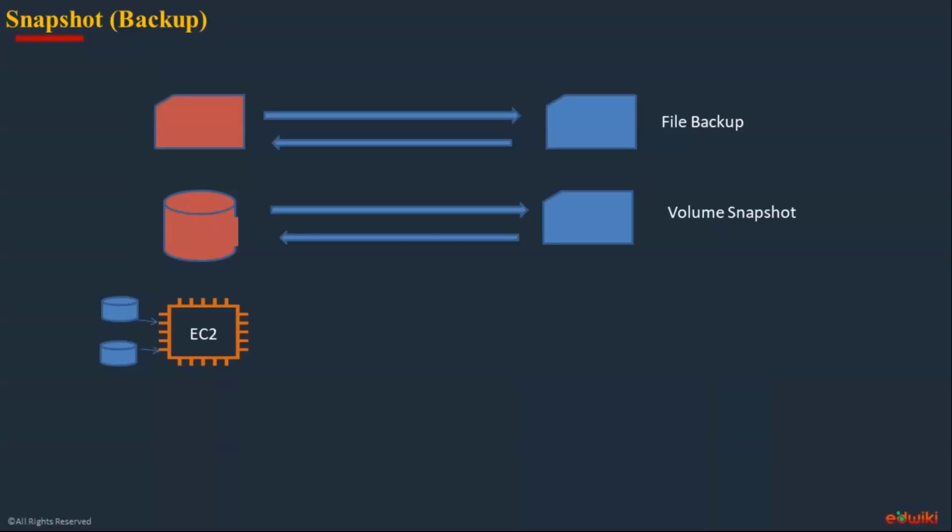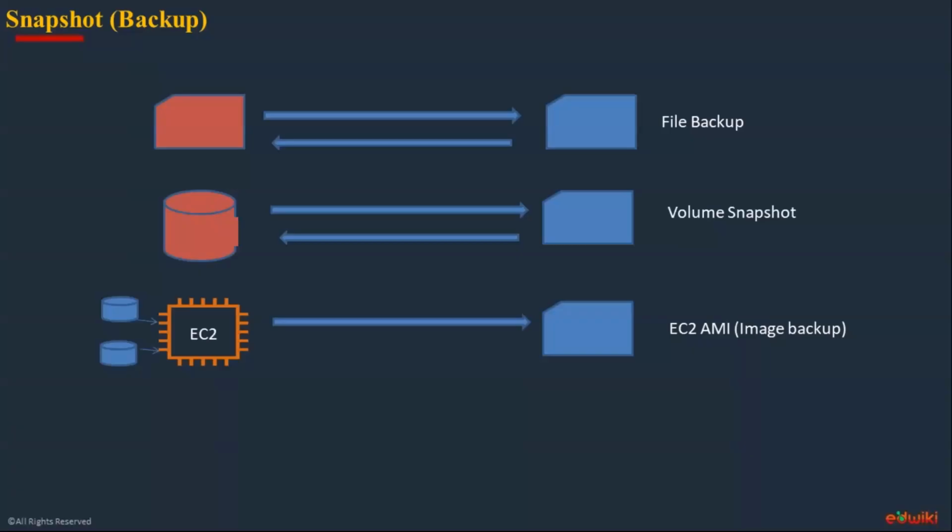So what is the case if your entire EC2 server is corrupted or broken or something has happened to that machine? In that situation, to recover the whole server, we need to take the EC2 server level backup, which is called an image backup, which is also called an EC2 AMI.